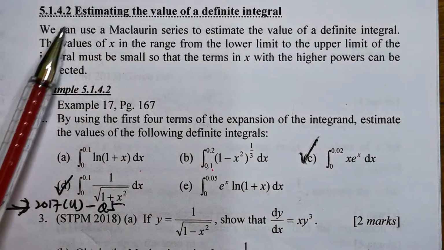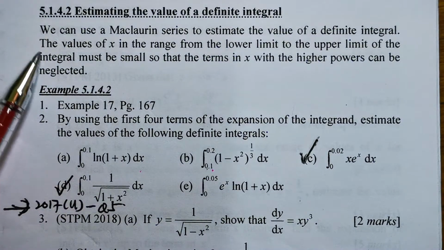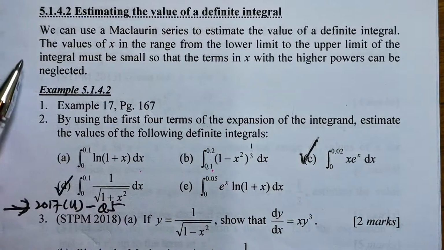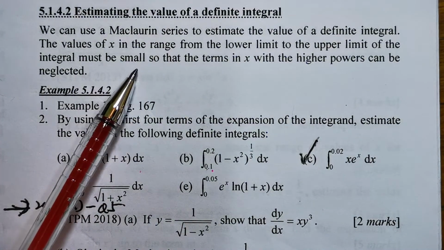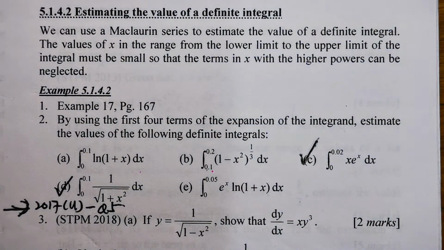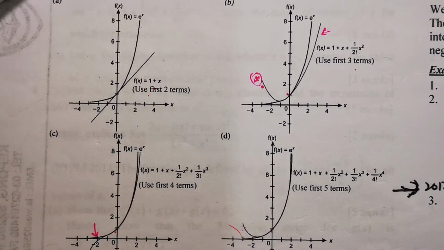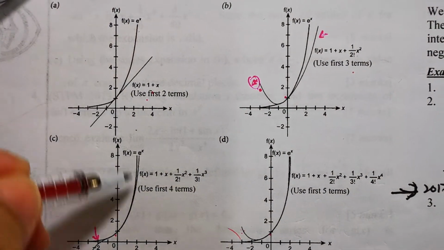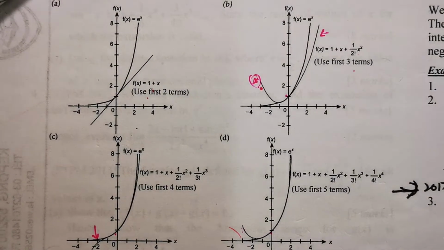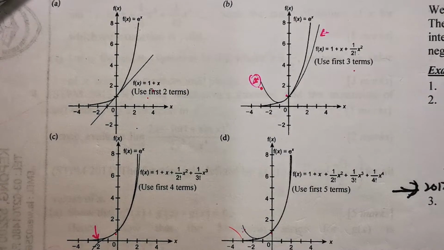The values of x in the range from the lower limit to the upper limit of the integral must be small so that the terms in x with higher power can be neglected. As we said just now, the smaller the x is, even almost 0, when x is 0, they're almost the same value. Therefore the limits in the definite integral are even smaller.